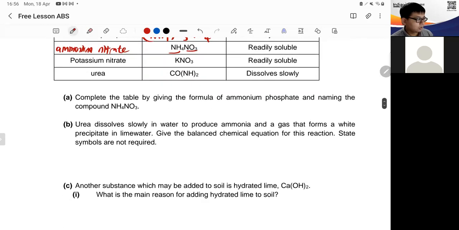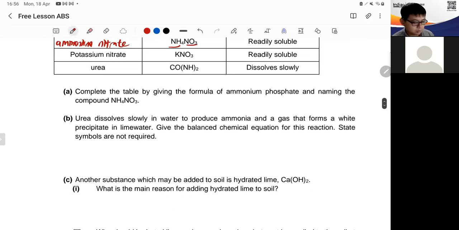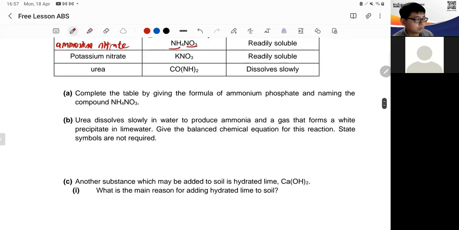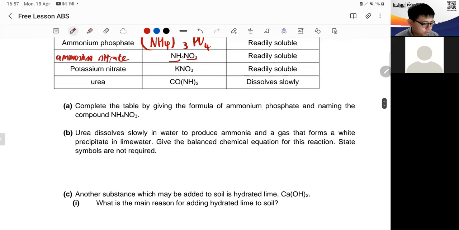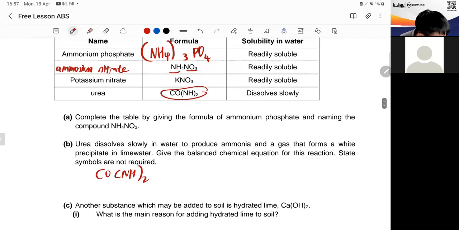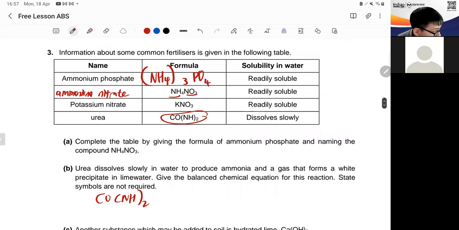Is that okay? Part B is constructing a balanced equation. This is quite fun. Urea, which is this guy here, CO(NH2)2. Oh, there's a typo. Urea is not this. Urea is this, CO(NH2)2. So change that in your worksheet.